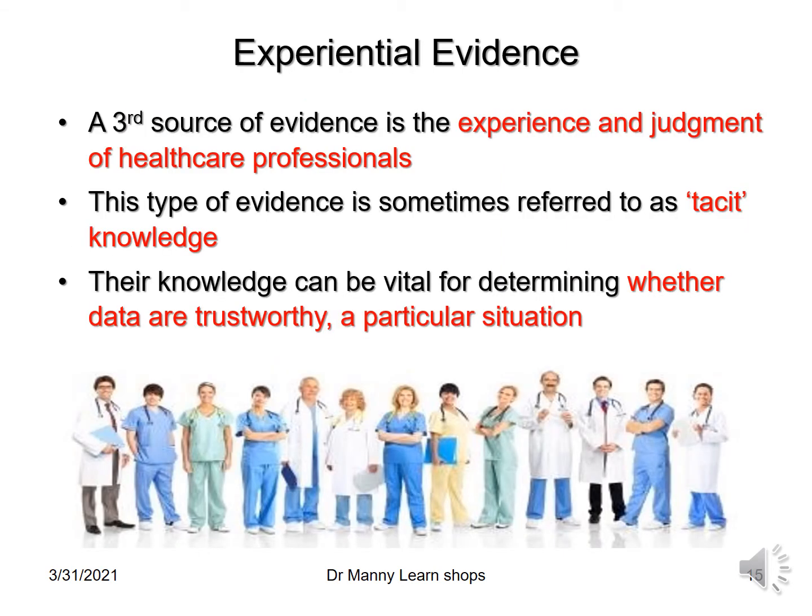Then you've got experience. Evidence that comes from experience, experiential, and this is the third source. And this is the experience and judgment of healthcare professionals like doctors, nurses, pharmacists, physiotherapists, and so on. It's this type of evidence that's sometimes referred to as unspoken or tacit knowledge, which we've discussed previously. And your knowledge can be vital for determining whether data is trustworthy for a particular situation.